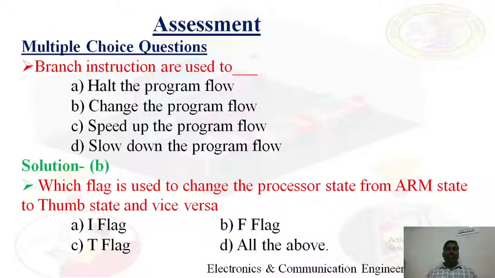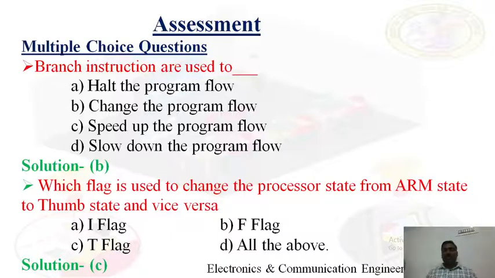Let us move on to the next question. Which flag is used to change the processor state from ARM state to Thumb state and vice versa? As we have seen in the CPSR, flag bits and control bits, N, Z, C, V, I, F, T, mode. In that, which bit is used? The answer is C, that is the Thumb flag. So that's a control flag.